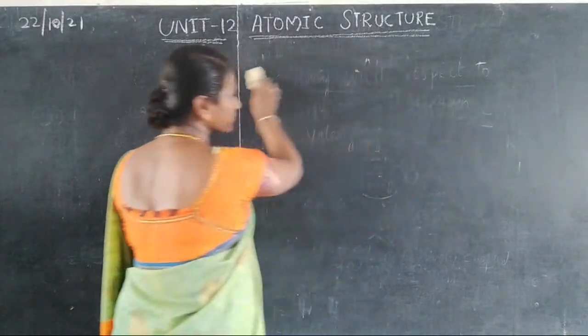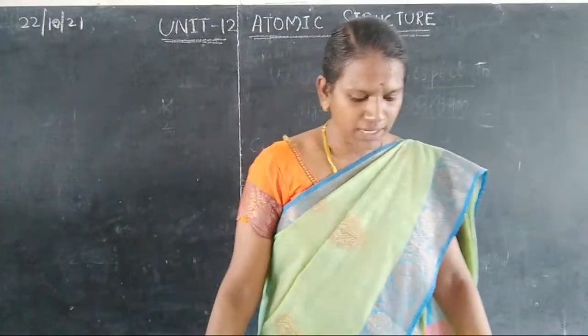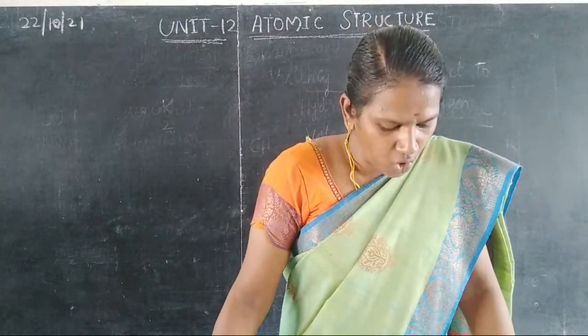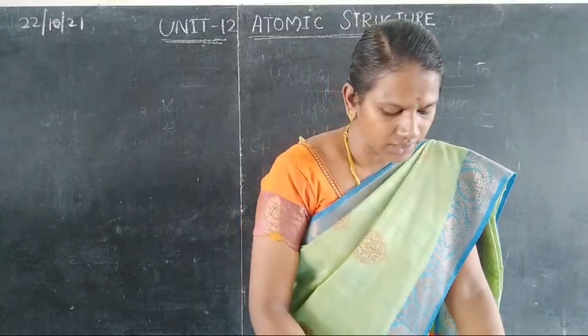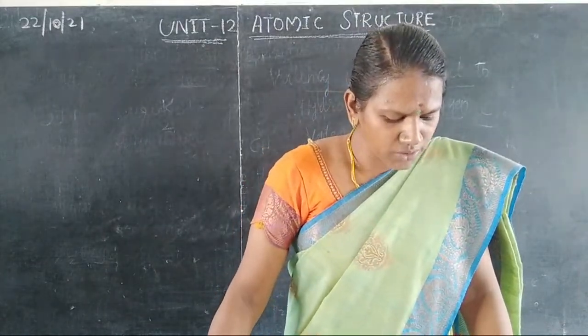Variable valency: atoms of some elements combine with atoms of other elements and form more than one product. They are said to have different combining capacity. These atoms have more than one valency.